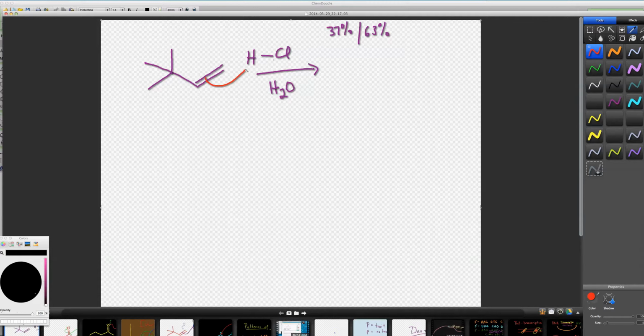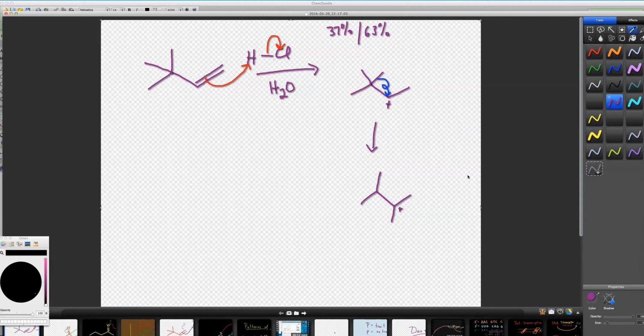So proton transfer, just like we've seen. This is going to generate an initial secondary carbocation intermediate. We can have a rearrangement. In this case, it's a 1,2 methyl shift. And of course, this is going to produce a tertiary carbocation intermediate.